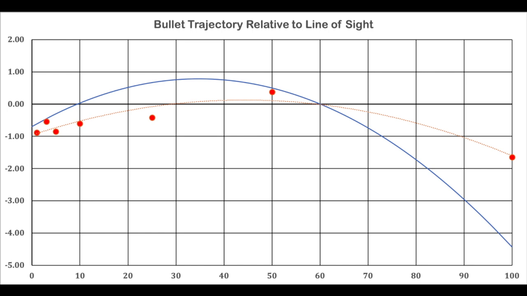Not only do we have some obvious scatter in the data points, but we can see how at closer ranges, like less than 60 yards, the model is consistently predicting that the point of impact will be higher than it actually is, and then beyond 60 yards, it's consistently predicting that the point of impact will be quite a bit lower.